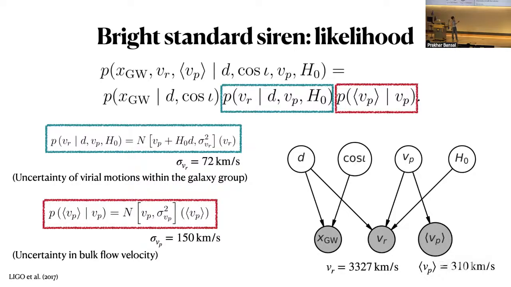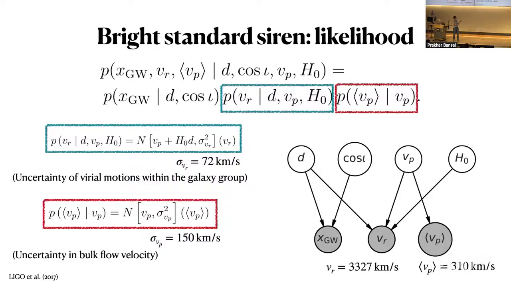Similarly, we assume a Gaussian, or normal distribution, denoted by N, for the measurement of the peculiar velocity, given the true peculiar velocity of this specific host galaxy. It has a mean centered on the true peculiar velocity, with a variance sigma squared VP, where this standard deviation is taken to be 150 kilometers per second. That gives you the uncertainty in the peculiar velocity of that galaxy group.